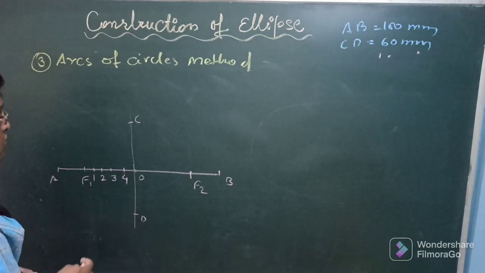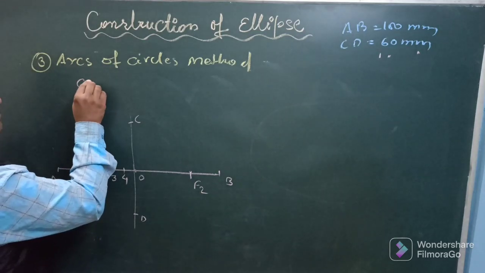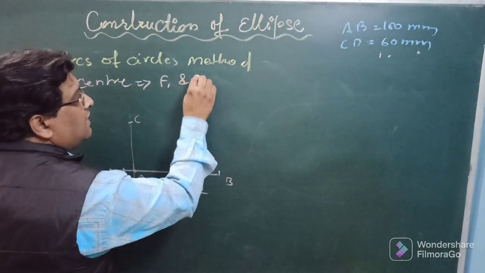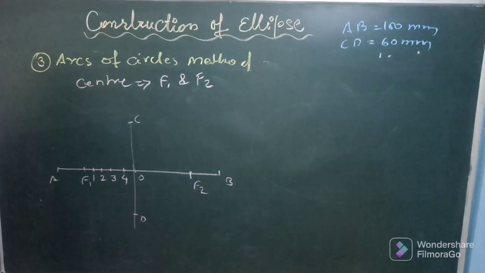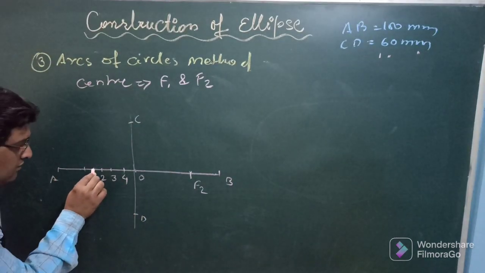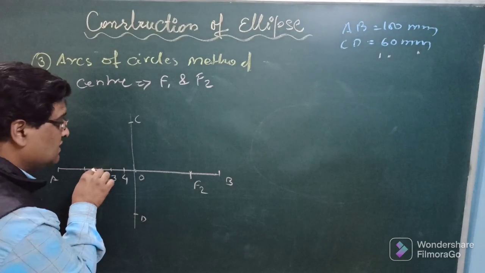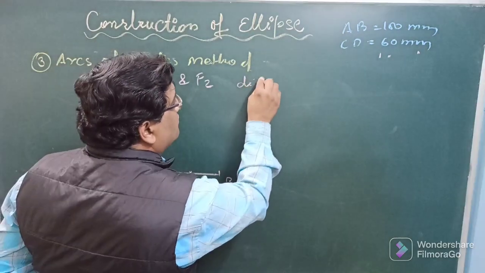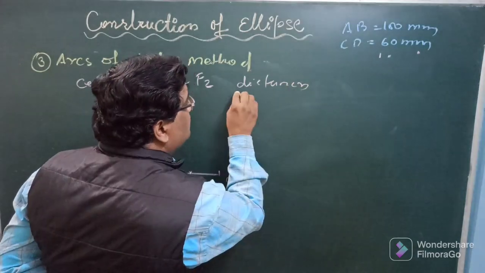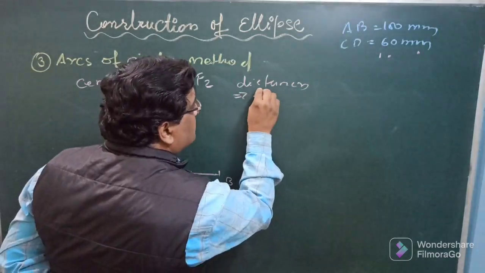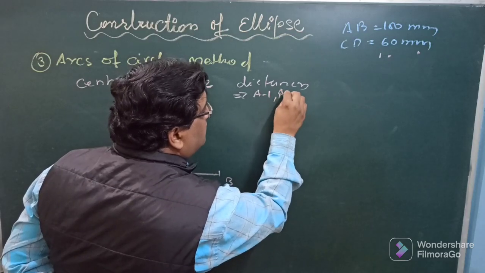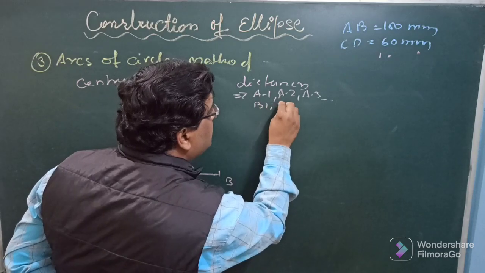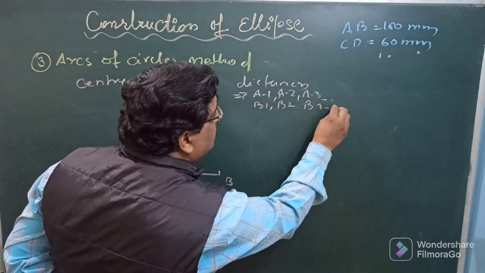Now what you have to do, the center will always be F1 and F2 alternatively, and you have to select each point from here and you have to take the distances. And the distances will be A1, A2, A3 and so on, and B1, B2, B3 and so on.